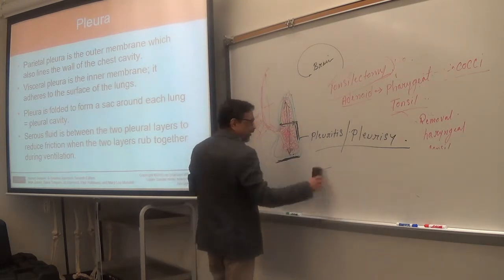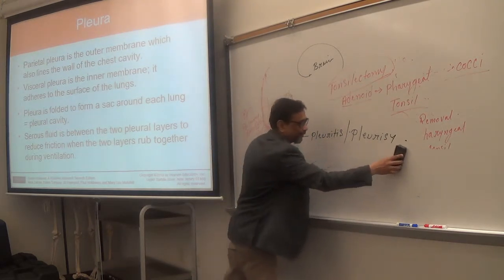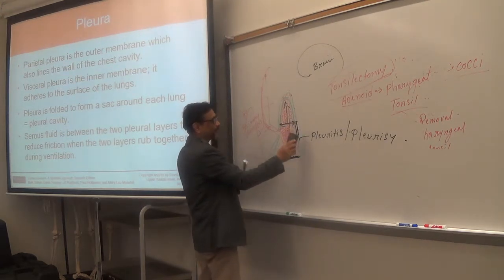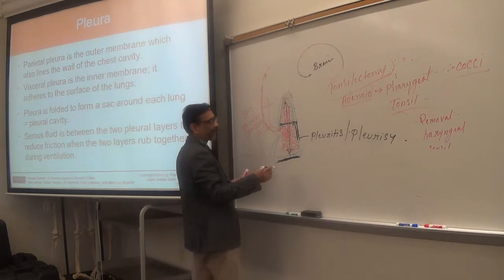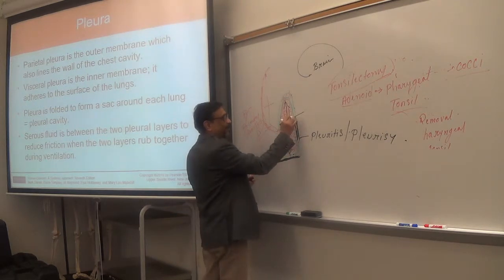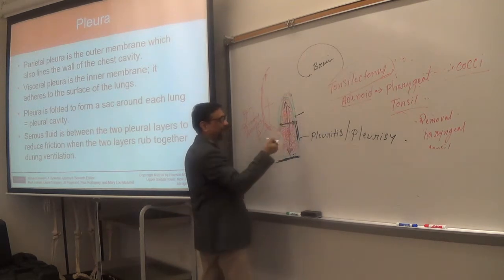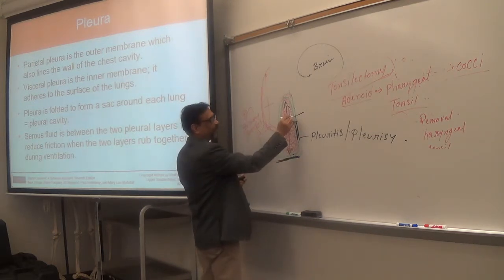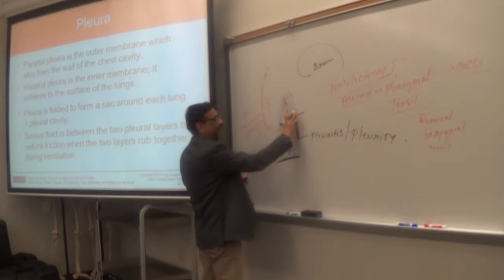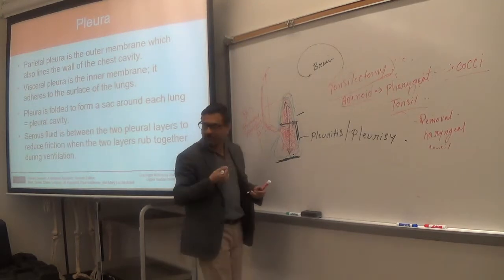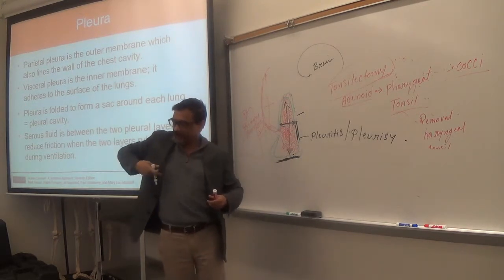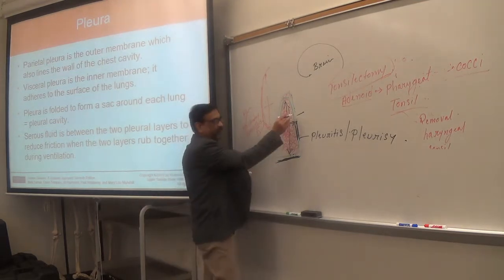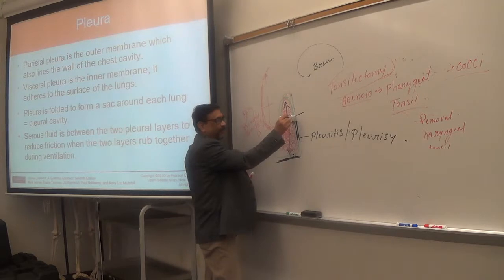Another interesting clinical condition is called pneumothorax. If someone puts a knife through the pleura, what will happen? A hole will be created here. Make sense? Or if something pierces through the intercostal spaces here, that will rupture or make a hole in the pleura.